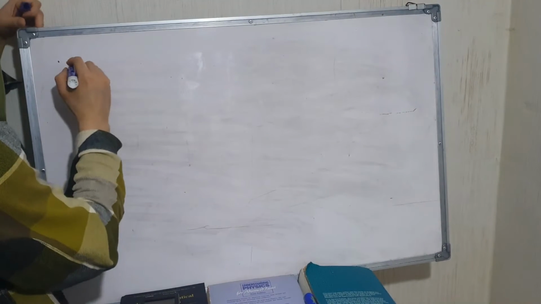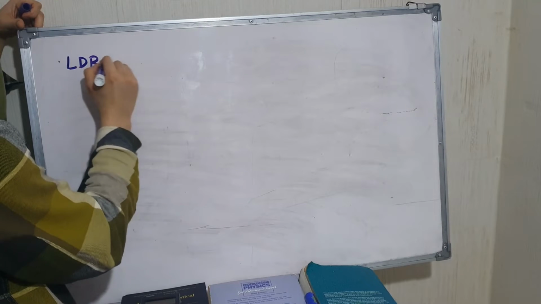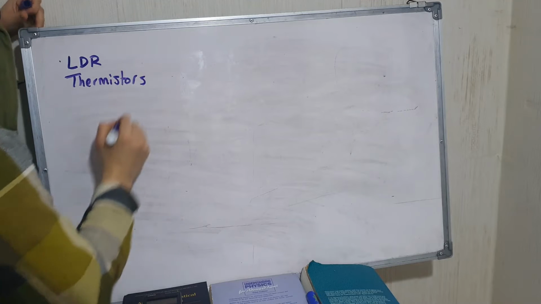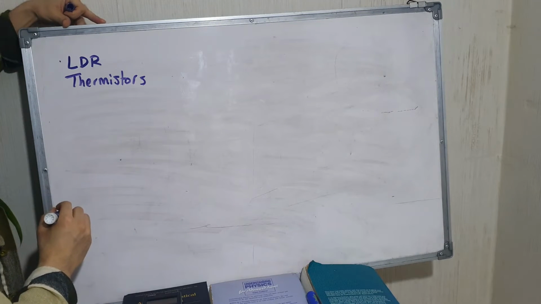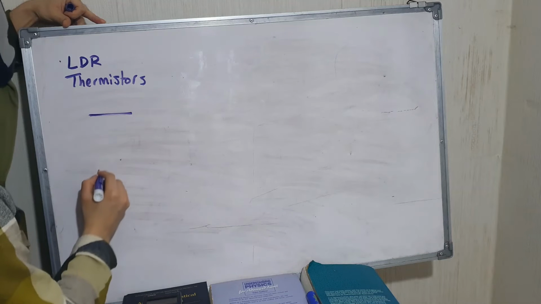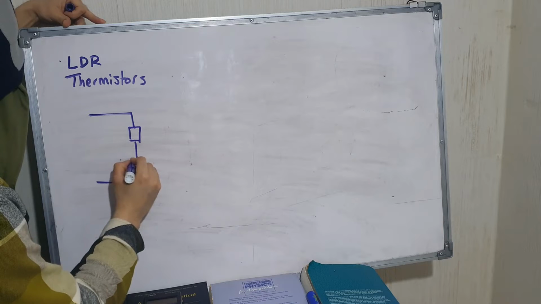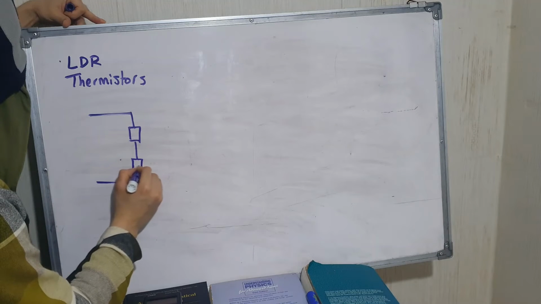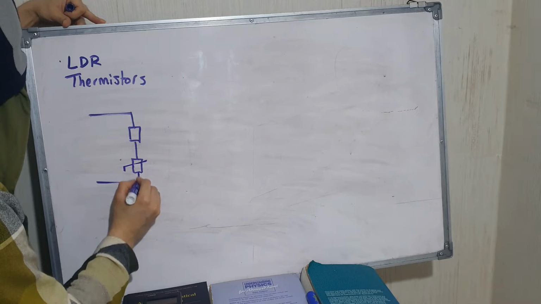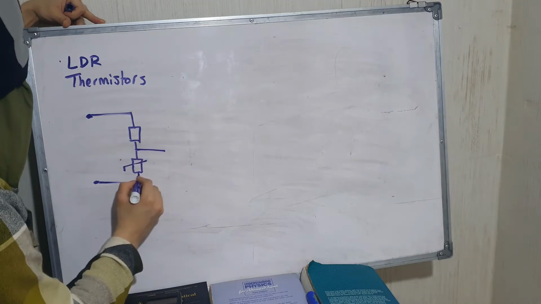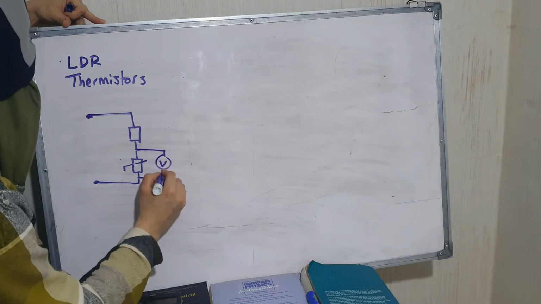All right, and now what about LDRs and what about thermistors? Let's draw a diagram. So this is the thermistor. And let's just say that you've got a voltmeter across this.